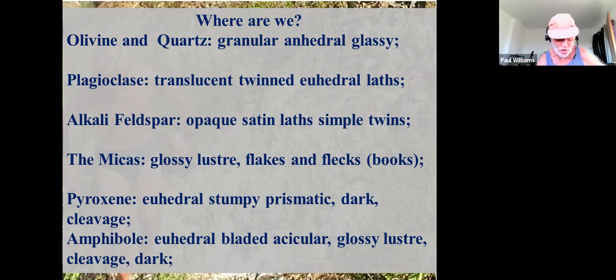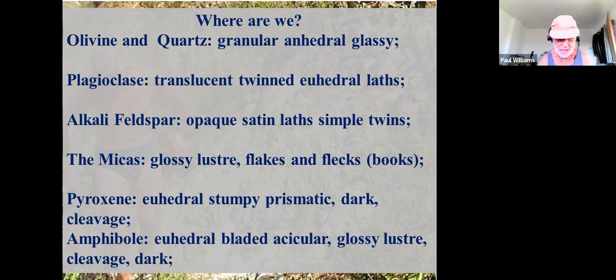And we looked at the pyroxenes and recognized that, generally speaking, we often had good crystals, that they were quite stumpy. They were prismatic, but stumpy, and tended to be rather dark, black, brown, although we could have green as well.